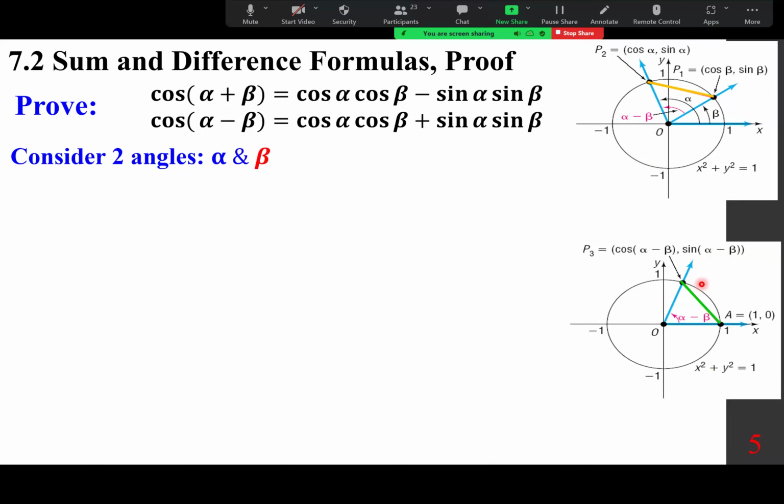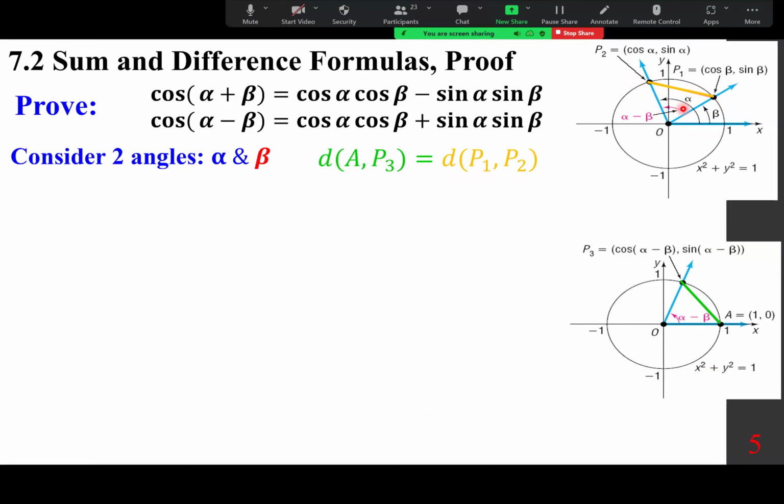And these two distances, because they cover the same central angle, are the same. So the distance from point A to P3 is the same as the distance from P1 to P2 because it covers the same angle.